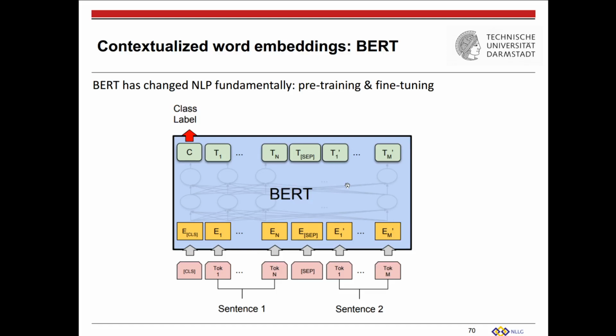But instead, what it's doing is pre-training this whole architecture on a big corpus. So we get a very good initial solution for this architecture, and it's pre-training it with a specific task. Namely, the task is masked language modeling. So it's doing language modeling, but a little bit differently, so that it can take not only past context into account, but also future context. But that's not so important here.